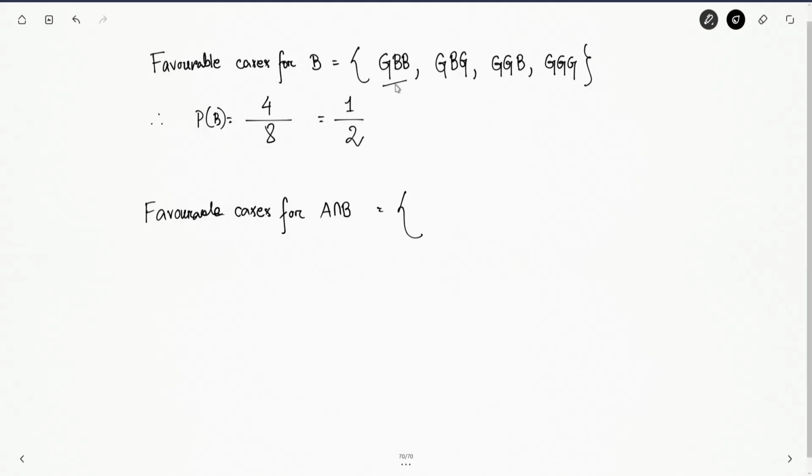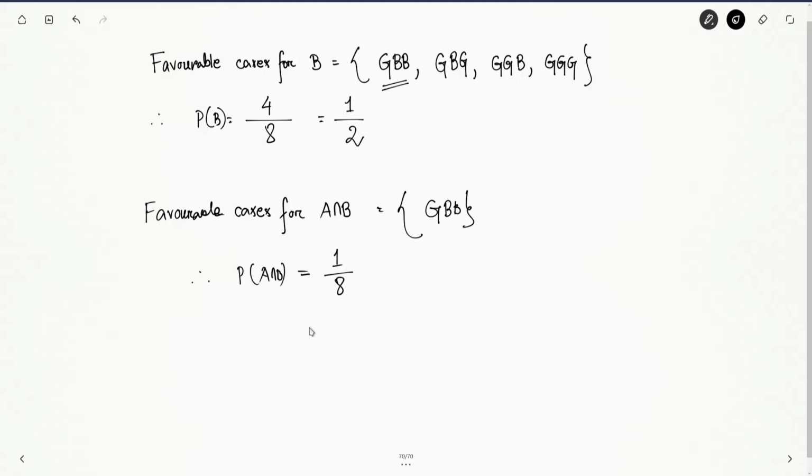So obviously this is the only possibility, two boys and eldest is a girl. So G B B, right? Therefore probability of A intersection B will be, there is only one favorable case, so it will be 1 divided by 8. Why 8? Because the total number of cases is 8. So we got probability of A intersection B as 1 by 8, probability of B as half.